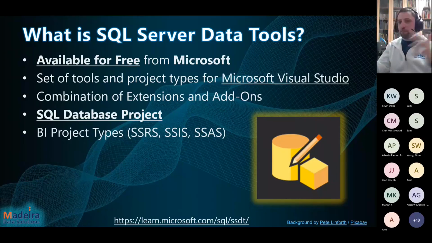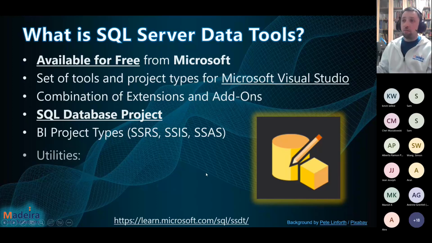Under this title of SSDT, SQL Server Data Tools, it also includes the BI project types: SQL Server Reporting Services, Integration Services, and Analysis Services. But those nowadays are installed completely separately as separate extensions in Visual Studio, and we will not be covering them in today's session.